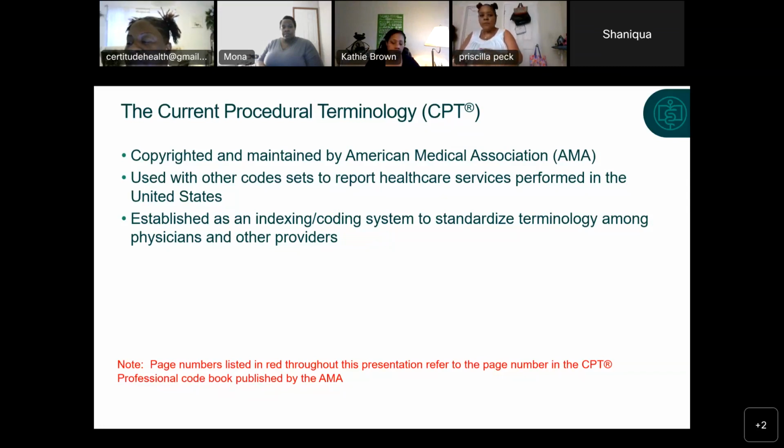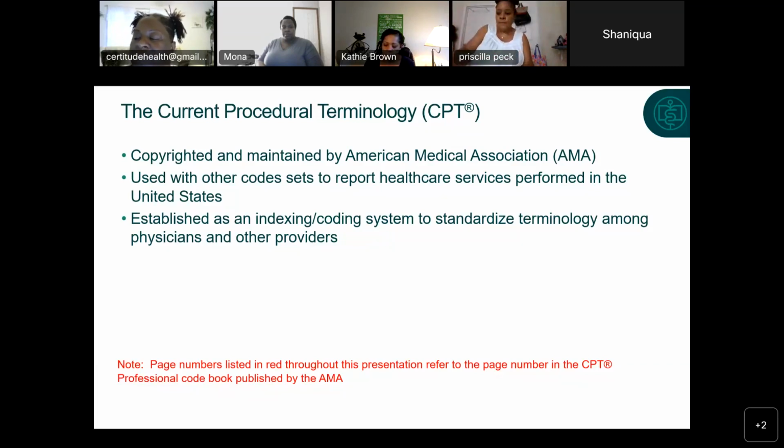In 1983, and don't be concerned about the dates because I'm going to show you where they are in your book, the Healthcare Financing Administration, which is now called CMS, the Center for Medicare and Medicaid Services. For those of you who may have worked in billing or revenue cycle, if you've ever heard of HCFA, HCFA used to be the Healthcare Financing Administration.